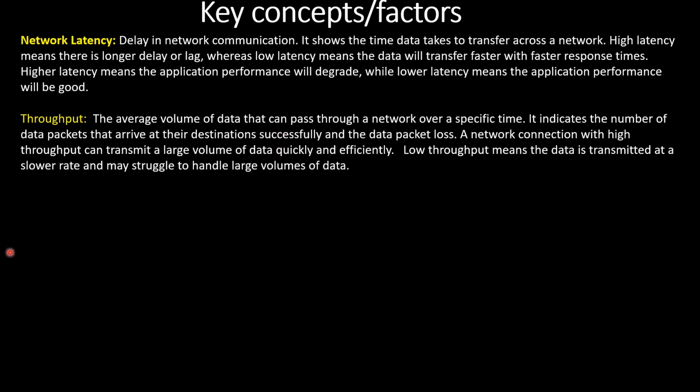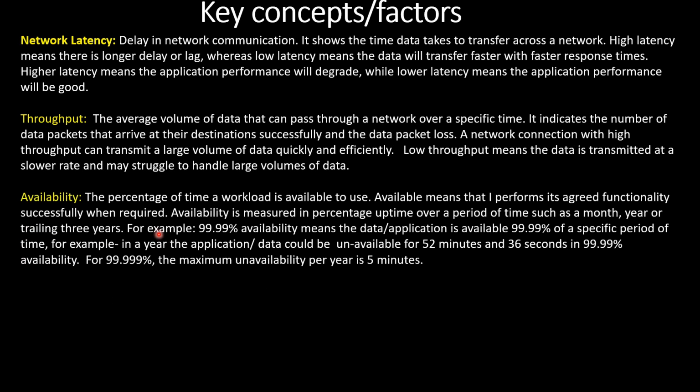High throughput generally indicates a fast and reliable network connection capable of handling large data transfers or supporting high bandwidth applications such as video streaming, real-time communications, etc. Low throughput can result in slow data transfers, delays in communication, degraded performance, and poor user experience, especially for applications that require high-speed data transmission or real-time interaction.